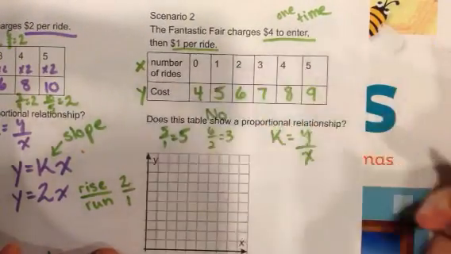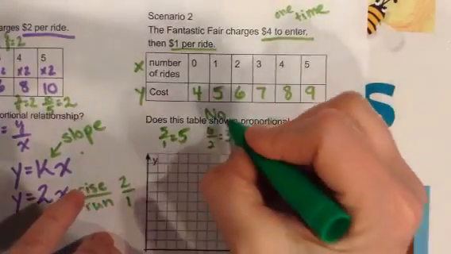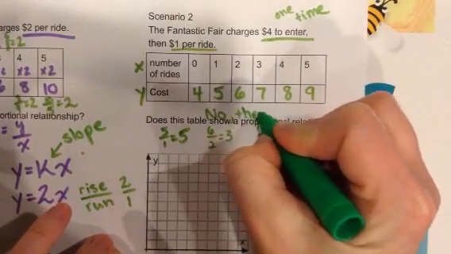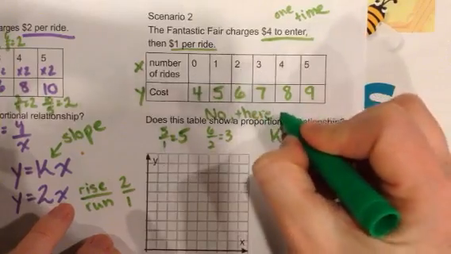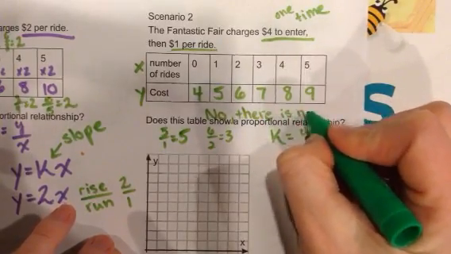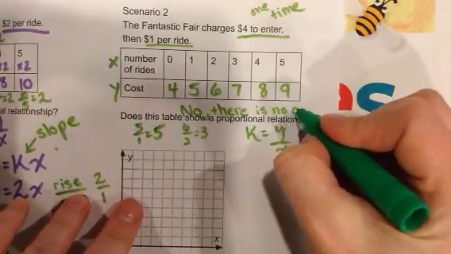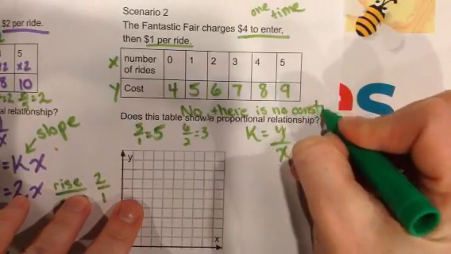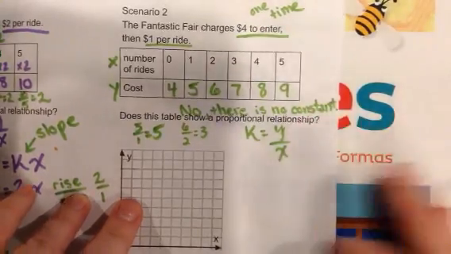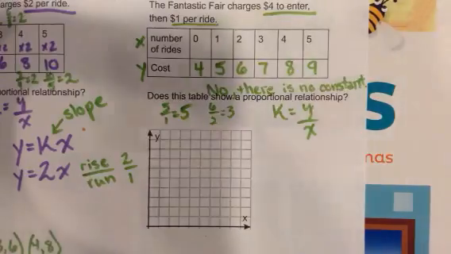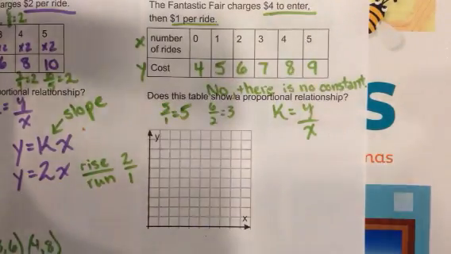So, no, it's not a proportional relationship. There is no constant. Okay, so whenever you divide the bottom by the top and you do not get the same answer over and over, there is no constant. It is not a proportional relationship.